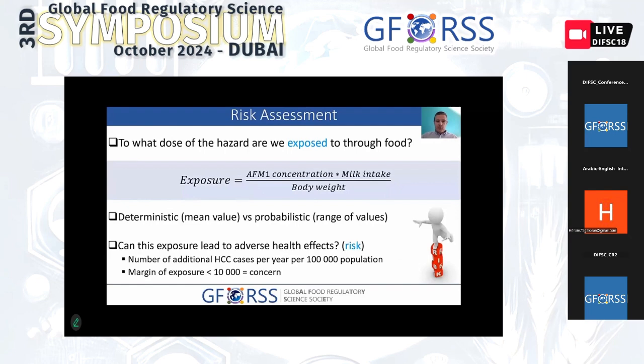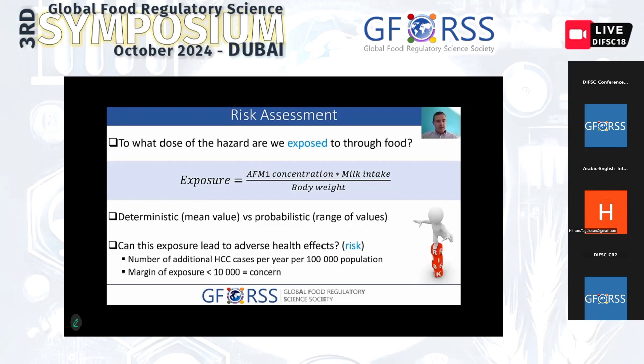And to perform a risk assessment, we first need to determine the exposure dose through food, which takes into account AFM1 occurrence and concentration in foodstuff, and the consumption of the foodstuff in question, in our case it's milk, and the body weight of consumers.